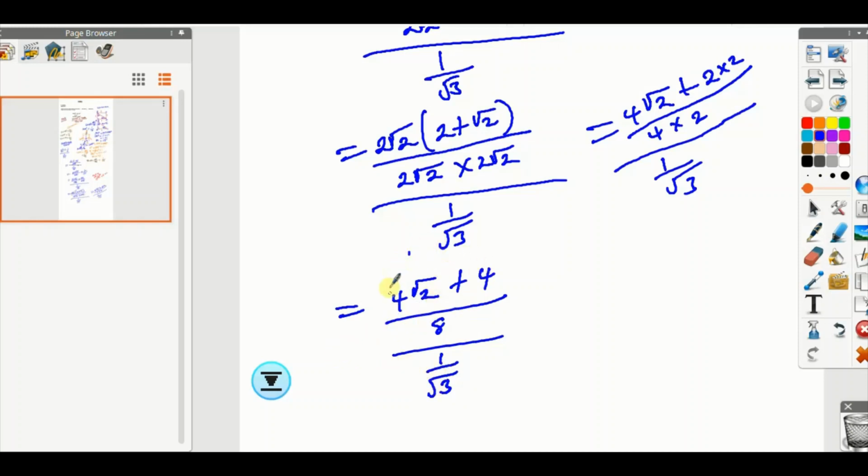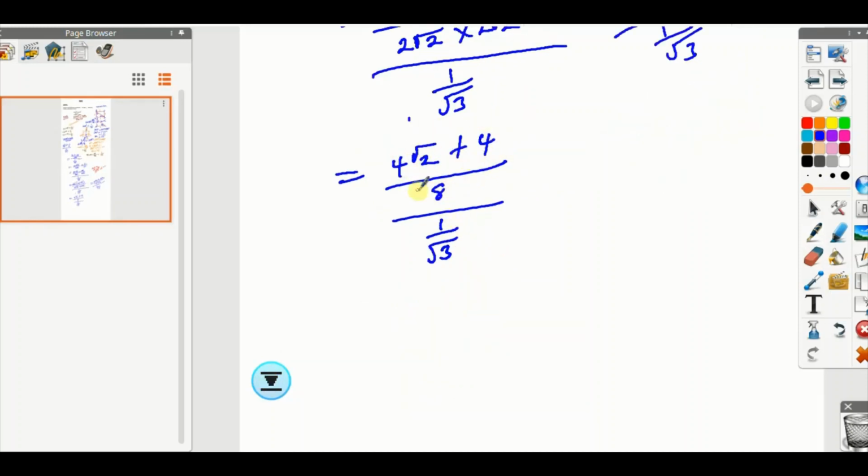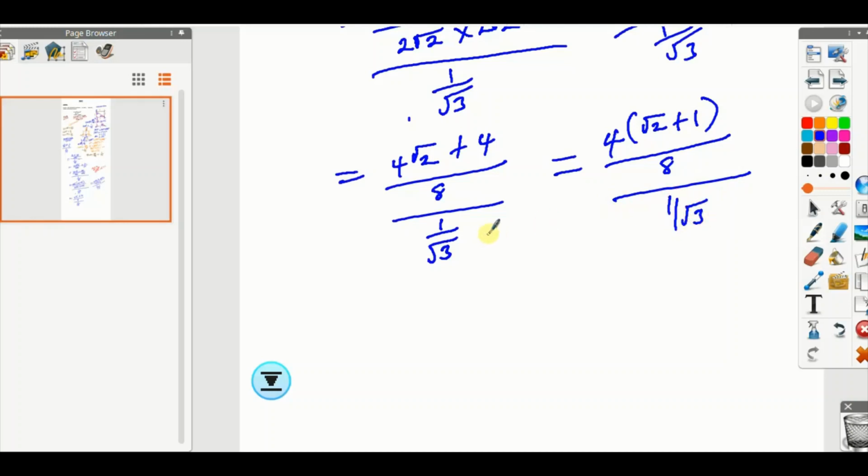So from here, if you look at this very one here, we see that 4 is common in this numerator. Now let's factor that out. 4 is common, which is 4 times root 2 plus 1, right? So when you open this bracket, you have the same thing, over 8, everything over 1 over square root of 3. Now we can see that 4 goes into 4 once, and 4 goes into 8 twice, right?